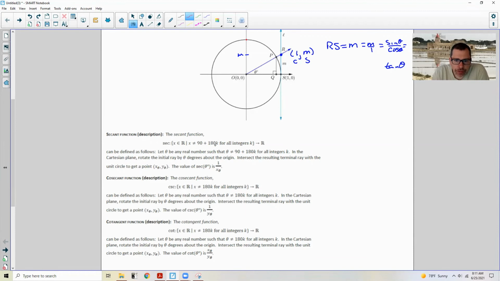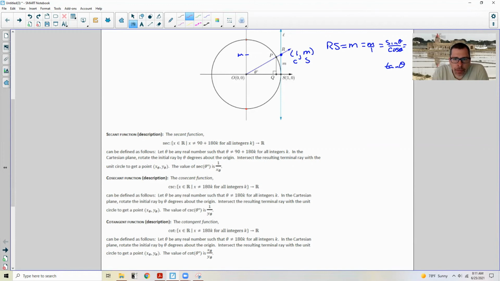If I plug in a 1 for k, 90 plus 180 is 270. That is right there. If I plug in 2, 180 times 2 is 360 plus 90. So here would be a 360 rotation plus 90 puts us back here.